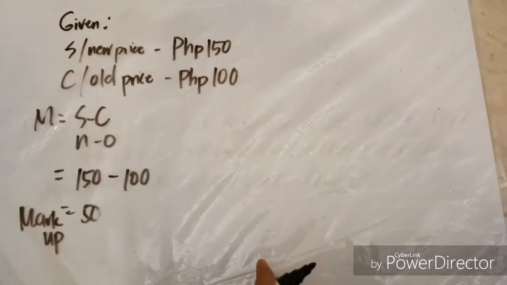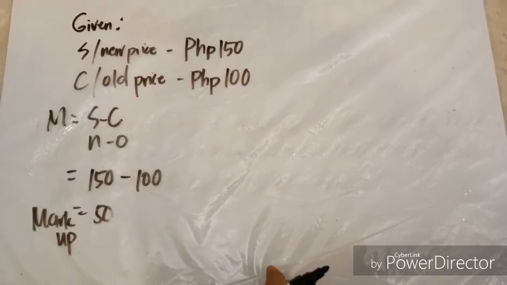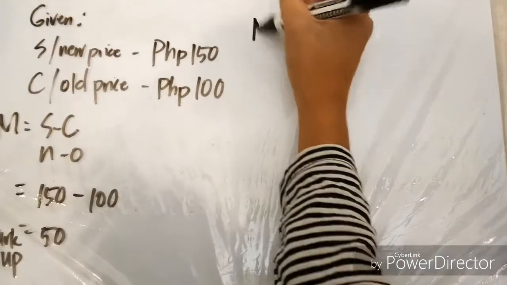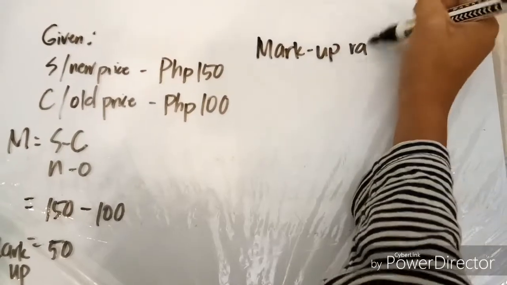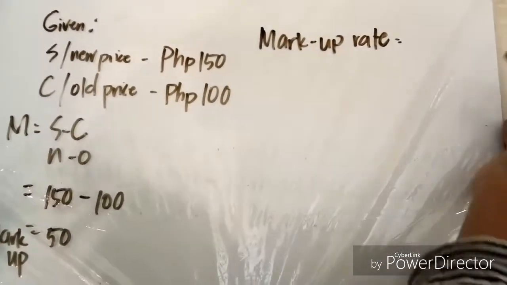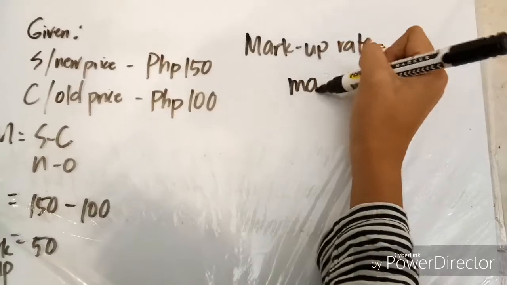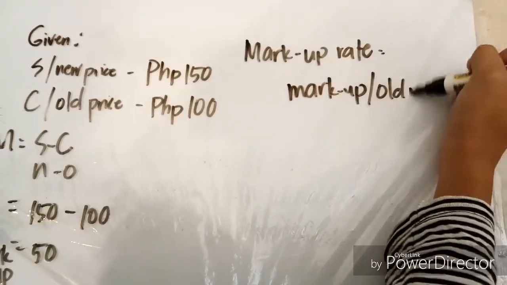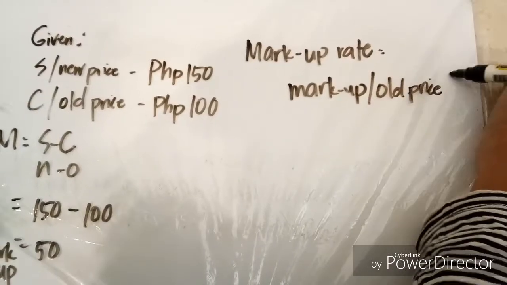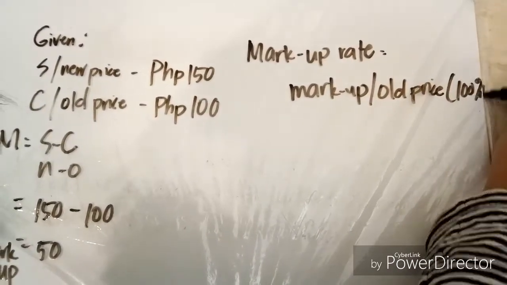And the question says, what is the markup rate of the notebook? So getting the markup rate, it will be the markup over old price times 100%.